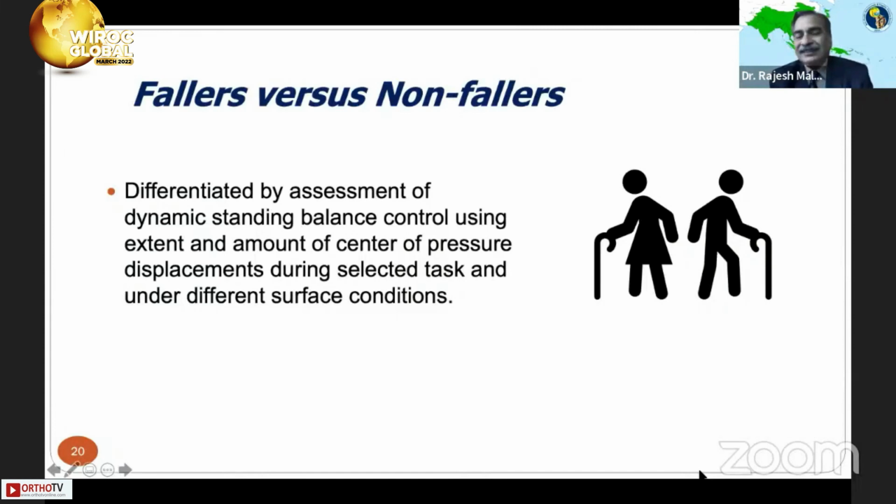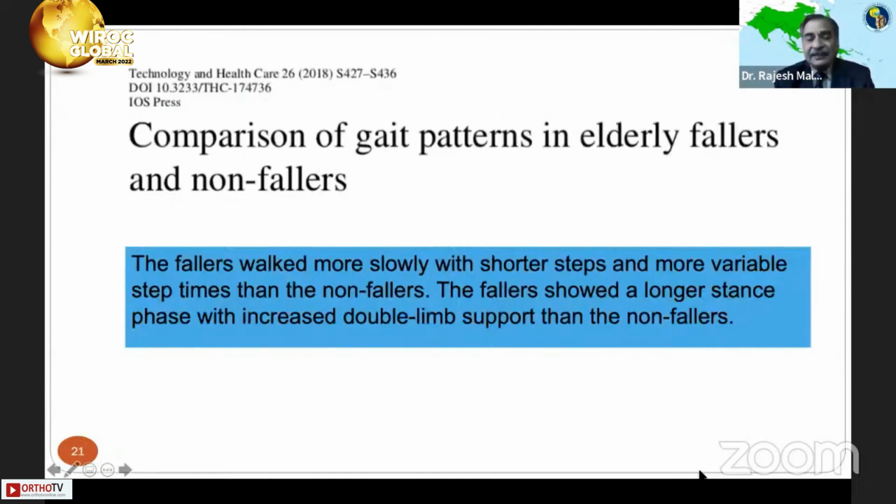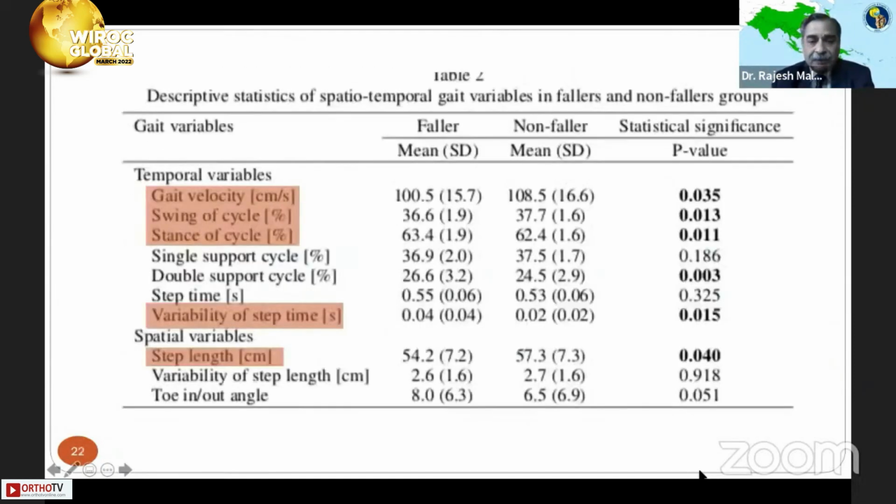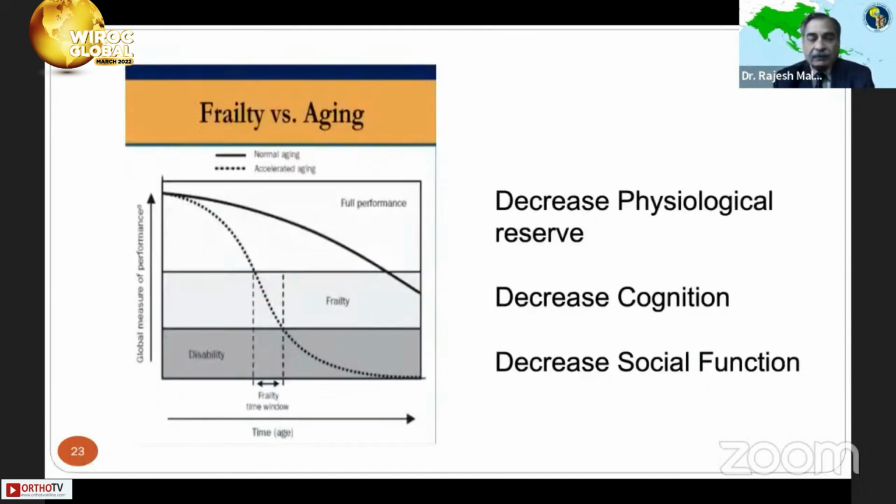So if you fall once, that doesn't label you as a faller. A non-faller has a different gait pattern, and you can distinguish that, as shown by these parameters: the fallers have lower gait velocity, more variability of the steps, and a shorter stride as compared to non-fallers. So you can actually pick up those who are frequent fallers.